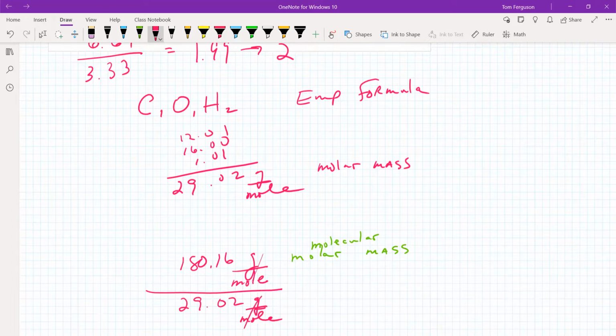Notice our units are canceling because all we want is a simple ratio with no units. So that means all units have to cancel. So this is the empirical molar mass.